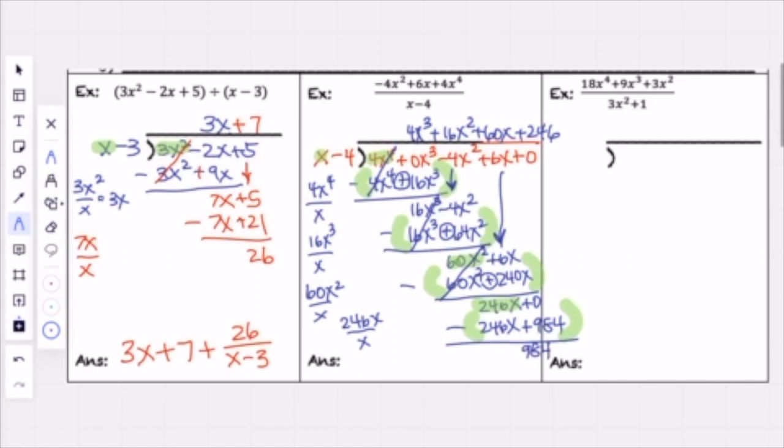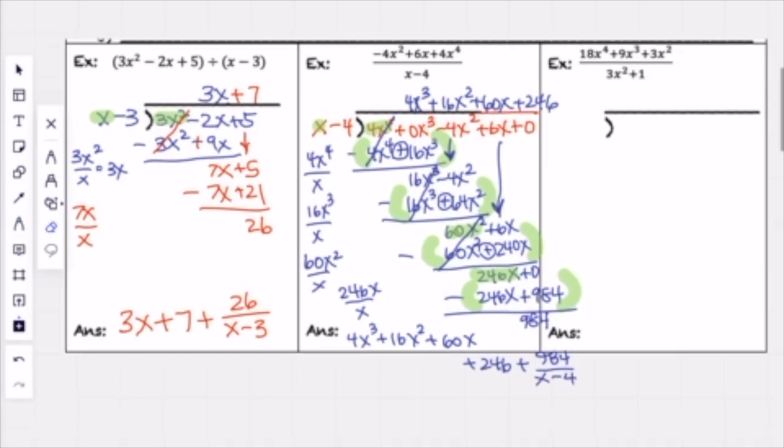So our answer: 4x cubed plus 16x squared plus 60x plus 246 plus 984 divided by x minus 4.